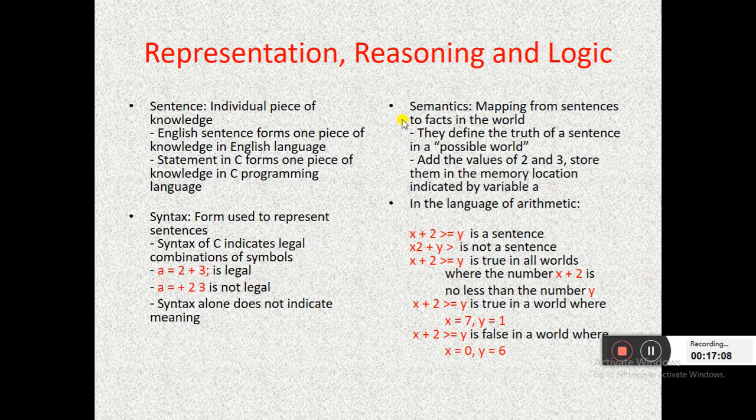So we say that about anything, this is the main idea why we use semantics.